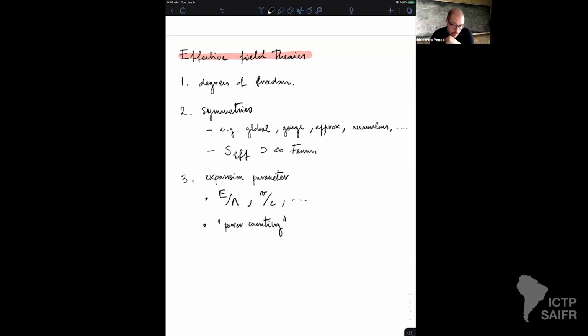Now, clearly, one advantage is that by focusing directly on the degrees of freedom that are relevant for a phenomenon, you are simplifying your life from the get-go. So condensed matter physicists don't need to worry about quarks because at those scales they don't play any role.